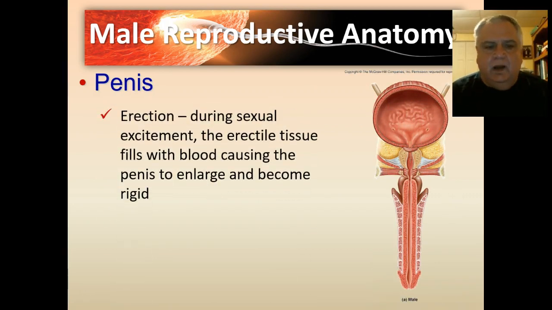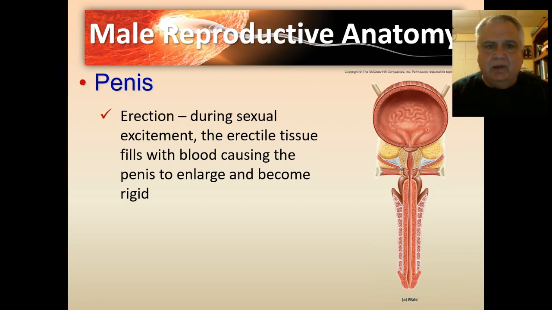So during sexual excitement, an erection occurs. And during this erection, the erectile tissue is going to fill with blood. Now, it doesn't fill with blood just kind of dripping into these vascular spaces.